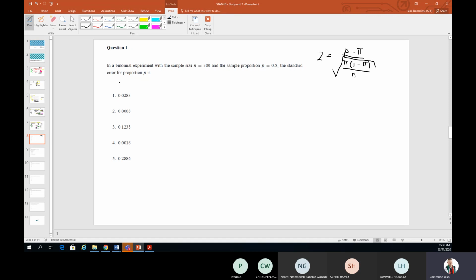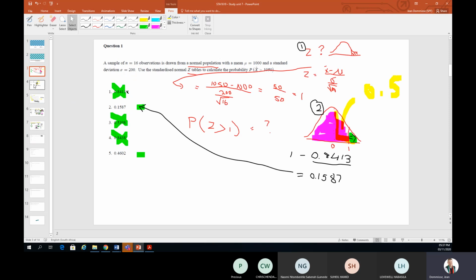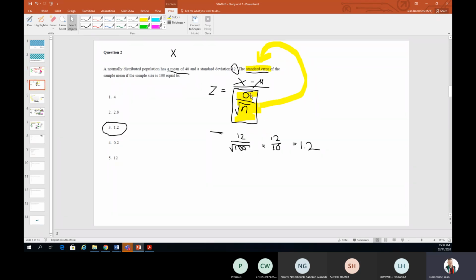So in a binomial experiment, okay, that's quite interesting, with a sample n and the sample proportion of p equal to that, the standard error for proportion is... Okay, so first, like we did in this one, the bottom part was the standard error.